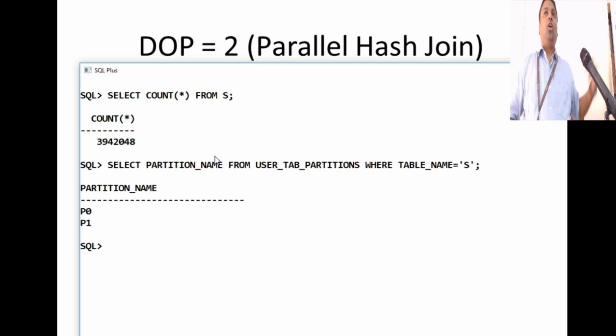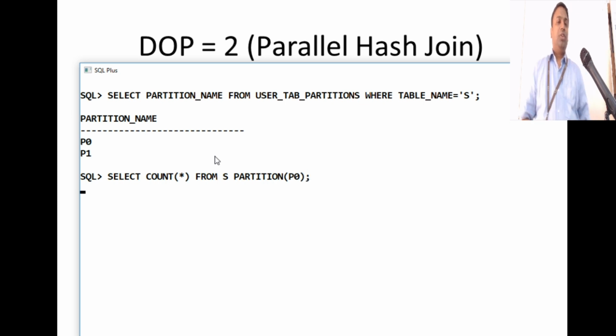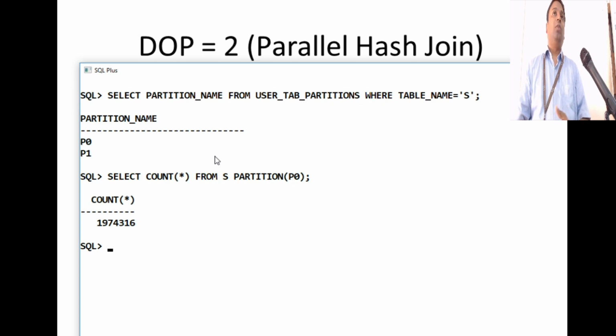Each partition contains around 2 million records. I should never do a select star here, as it would run through 2 million records. Instead: select count star from S, partition P0, to see how many records are in a partition. It's almost 2 million records in one partition.